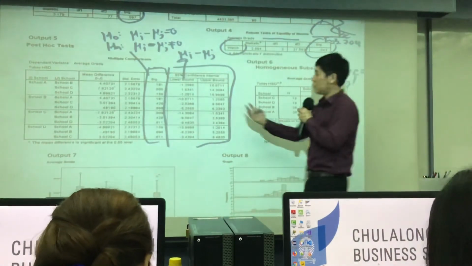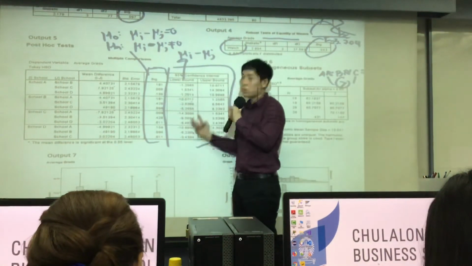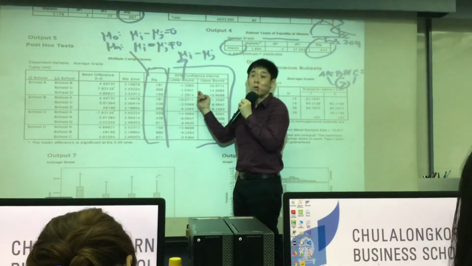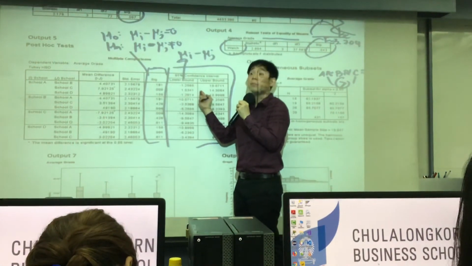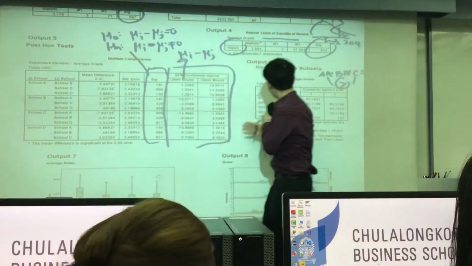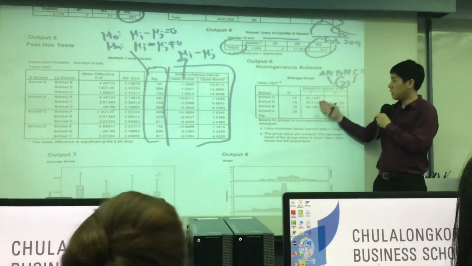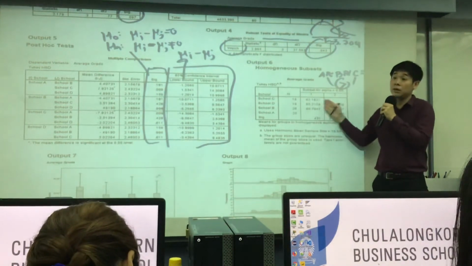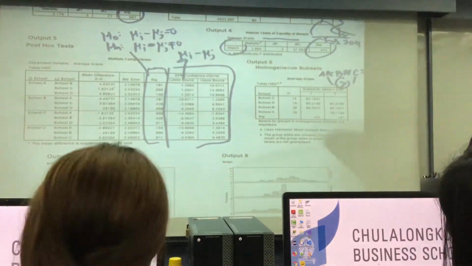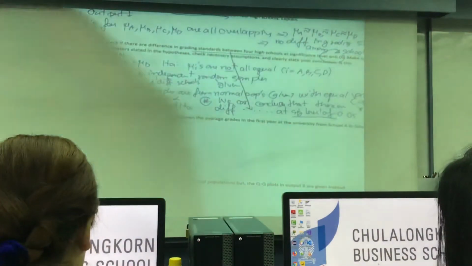What you do, you check whether the confidence intervals include 0 or not. You see A and C, A minus C includes only positive. Some difference, right? Or you can talk about p-values. Or you can talk about this too, and you see that C is only in subset 1, and A is only in subset 2.